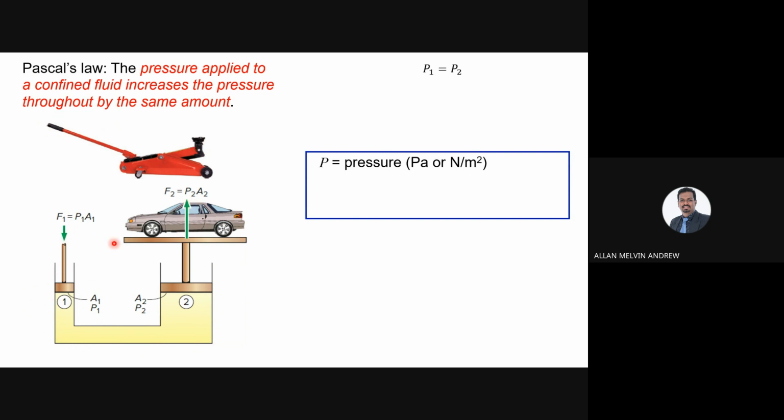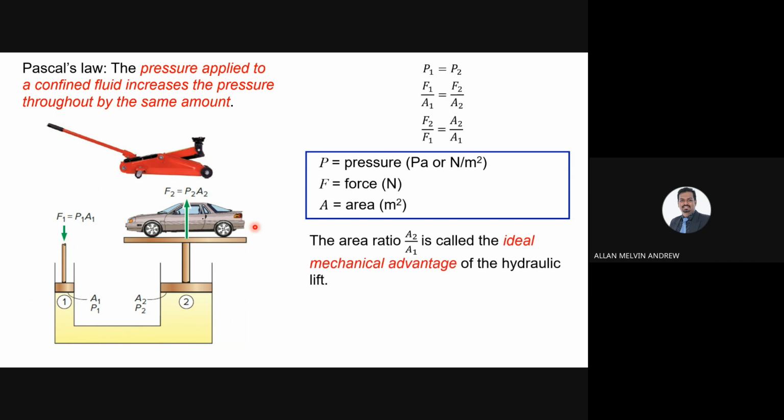The force F1 equals P1 A1, equals the force F2, which equals P2 A2. Pressure at 1 and pressure at 2 will be the same, and you rearrange: F1 over A1 equals F2 over A2. Rearranging again, F2 over F1 equals A2 over A1. The area ratio A2 over A1 is called the ideal mechanical advantage of the hydraulic lift.